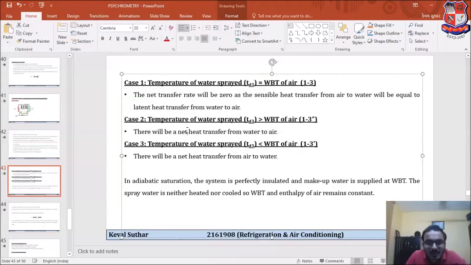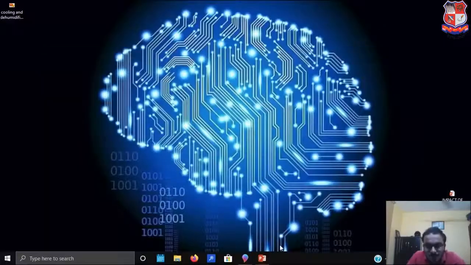Now the second case is that the temperature of water sprayed, TD3, is greater than the wet bulb temperature of air. That is, we will take another case now.